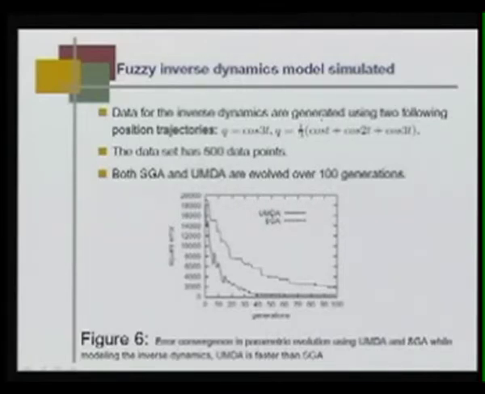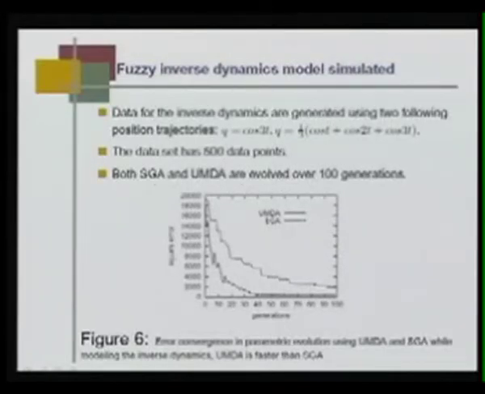For all these 500 data points, at every step we took a parameter set and computed the output, and we matched whether, given these values, we can find out what tau is. Both the simple genetic algorithm and the univariate marginal distribution algorithm are evolved for 100 generations, and the cost function is always evaluated for these 500 data points.